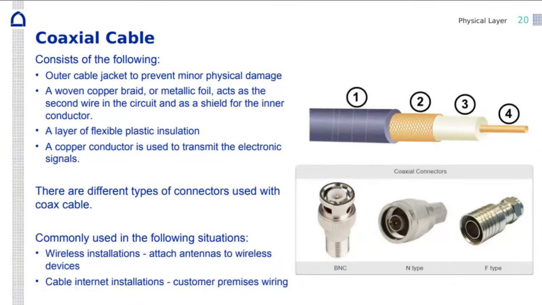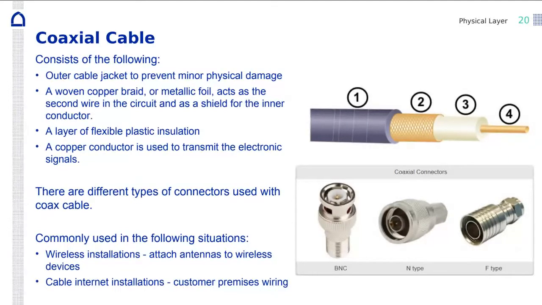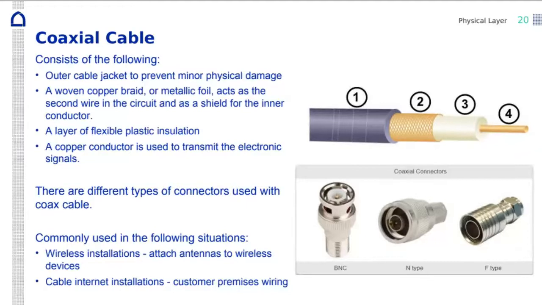Component number 3 is a layer of flexible plastic insulation to isolate components number 2 and 4. Number 4 is a copper conductor used to transmit the electronic signal.